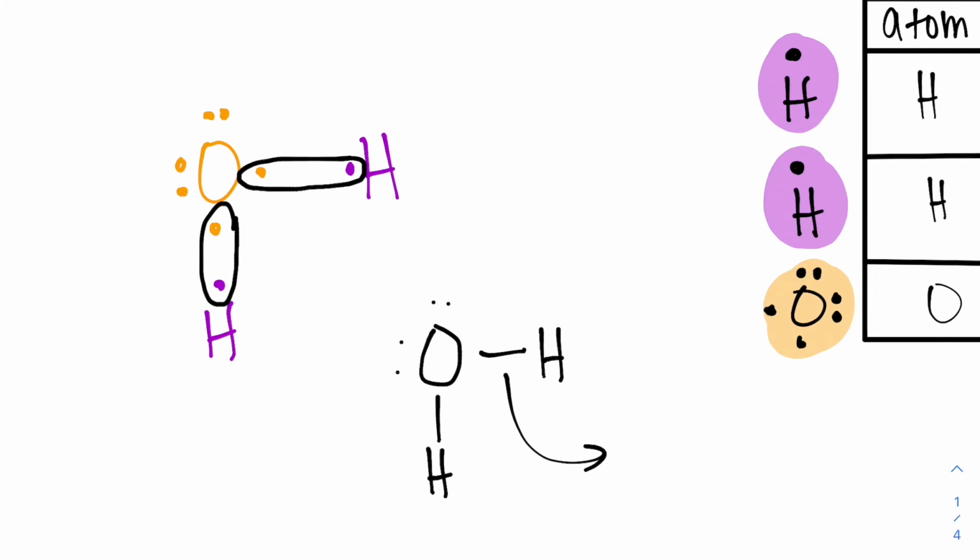Each line represents 2 electrons, since one of them is from hydrogen and one of them is from oxygen, but now they're sharing them, so we can form it as a line, or a covalent bond, between these 2 atoms. So this would be the Lewis dot structure of water.